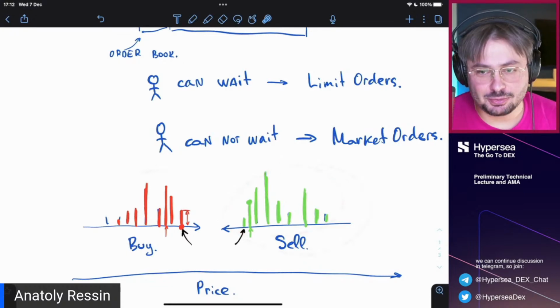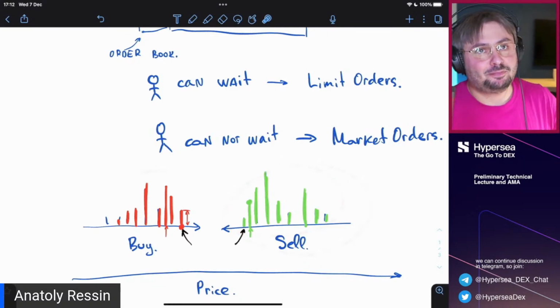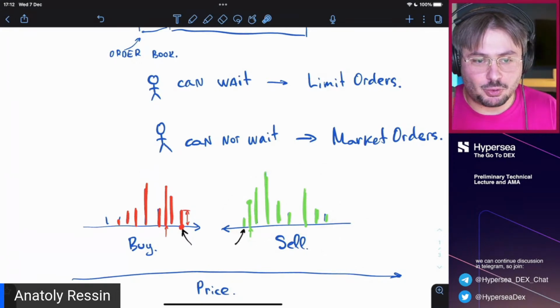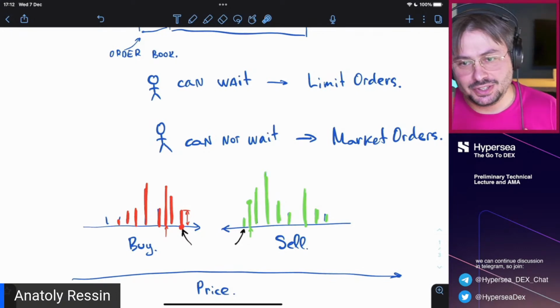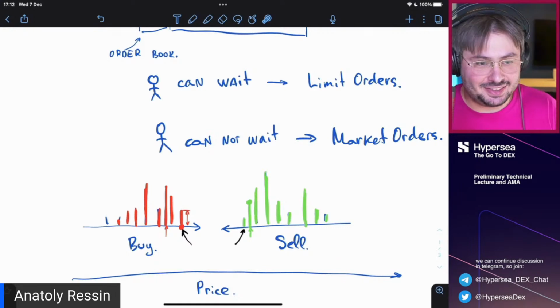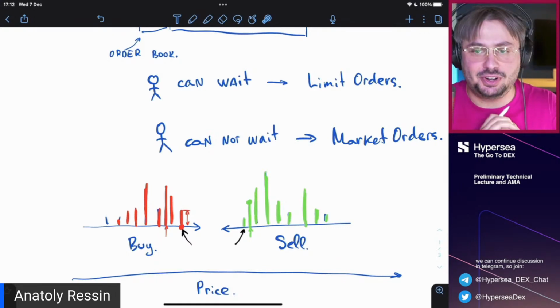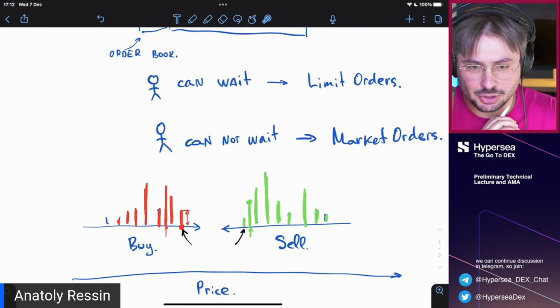are, in terms of the market, providing liquidity for the second type of users who cannot wait and want to liquidate or purchase or sell something.